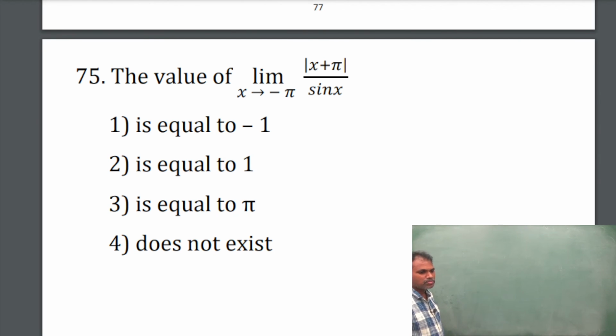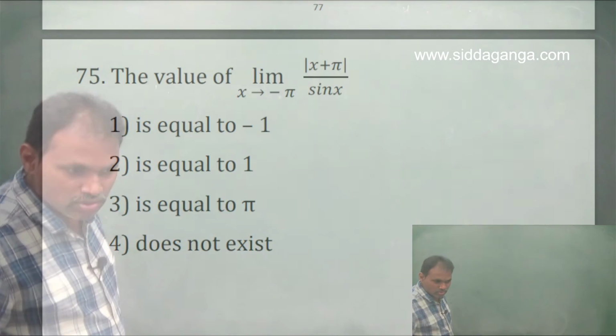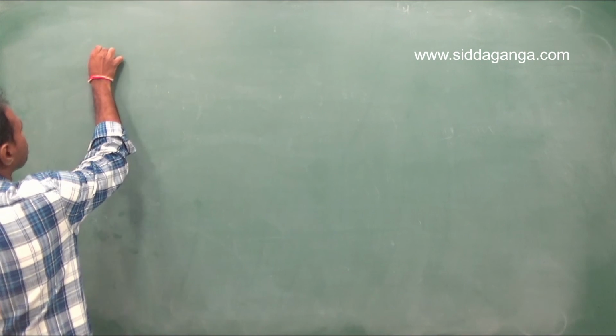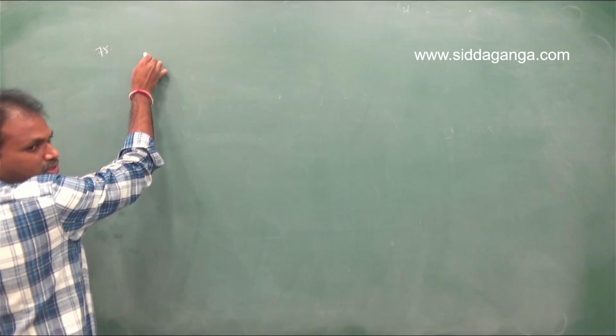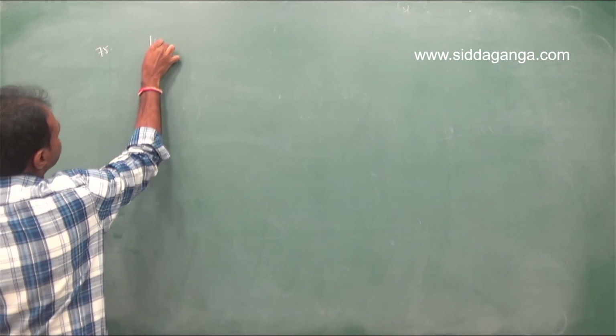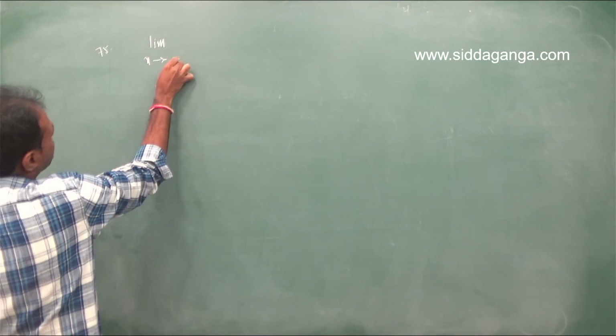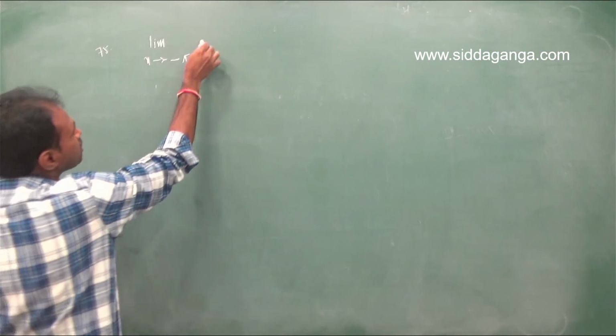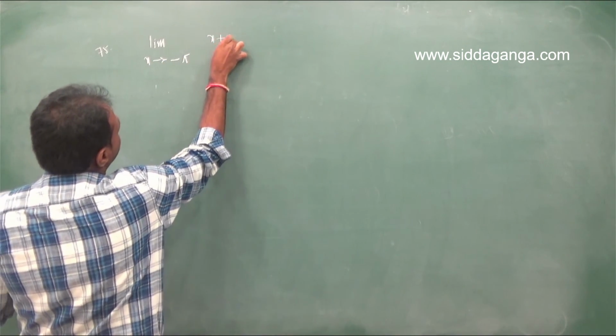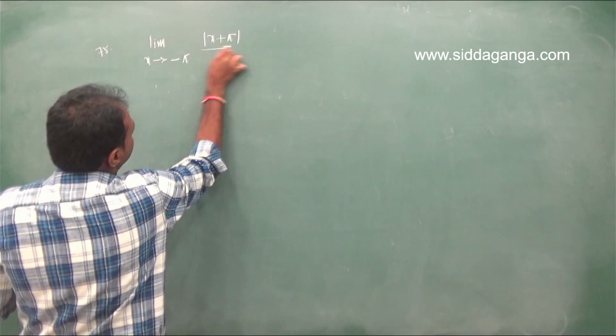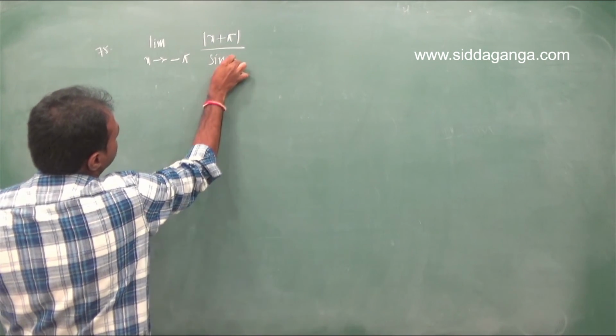The value of limit x tends to minus pi, mod of x plus pi by sin x is equal to. Now here, limit x tends to minus pi, mod of x plus pi divided by sin x.